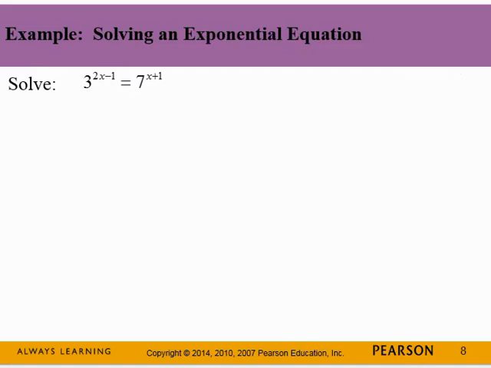So our next problem, we have 3 to the 2x minus 1 equals 7 to the x plus 1. This one we're going to do similar to what we did in the first equation where we take the ln of both sides.